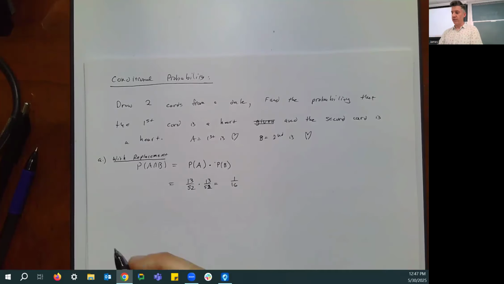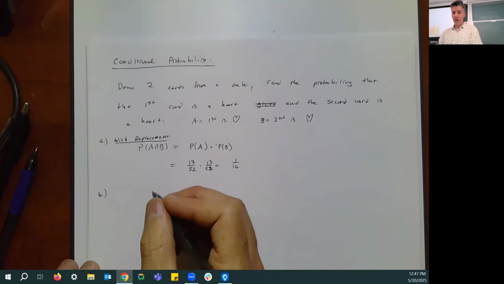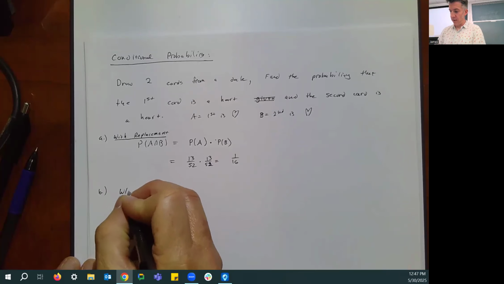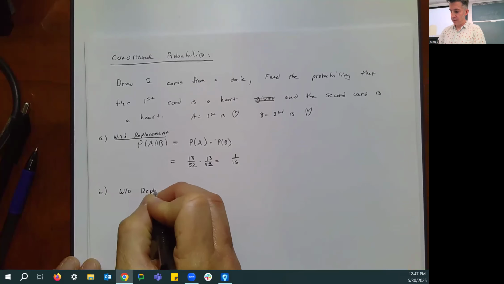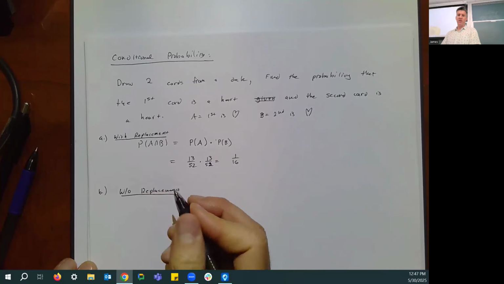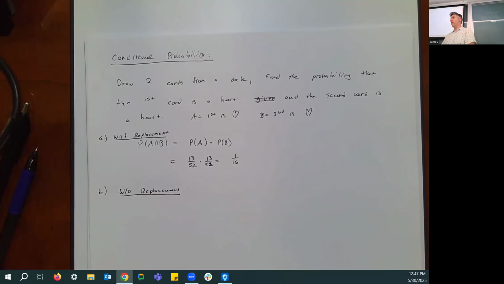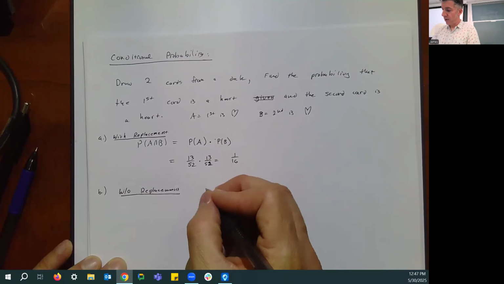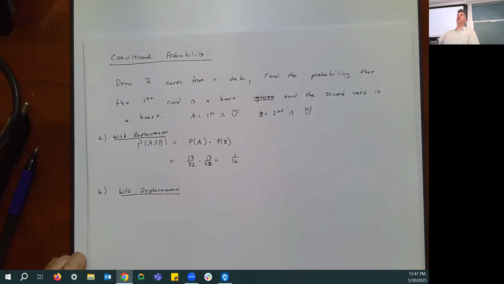Now, it's more interesting to ask this question without replacement. But we're kind of used to doing this, right? We're going to do it the normal way first, and then we'll talk about what this actually means. So, what's the probability that the first card I drew off the deck was a heart?